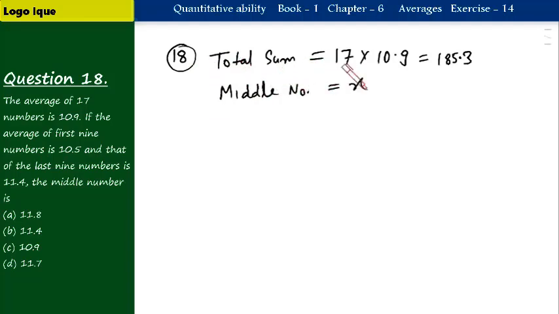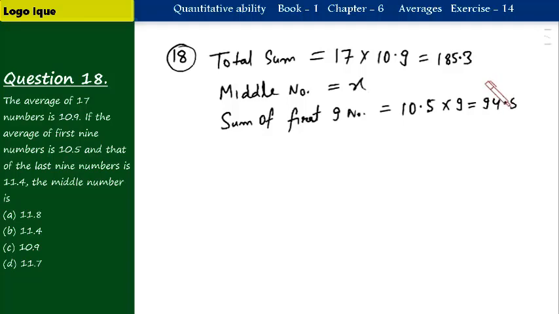Since the average of the first 9 numbers is 10.5, the sum of the first 9 numbers would be 10.5 into 9, which is 94.5.